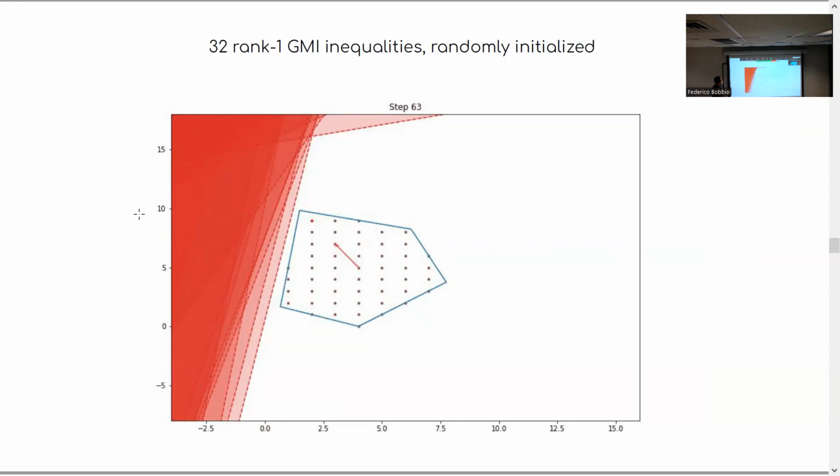But this was 32 geometric inequalities that were randomly initialized. So they started off kind of being away, and then they progressively moved towards the polytope. That's pretty cool. Too bad it doesn't play. Oh, I know why. Of course, I'm an idiot. It's a PDF. Yeah, that doesn't make sense.